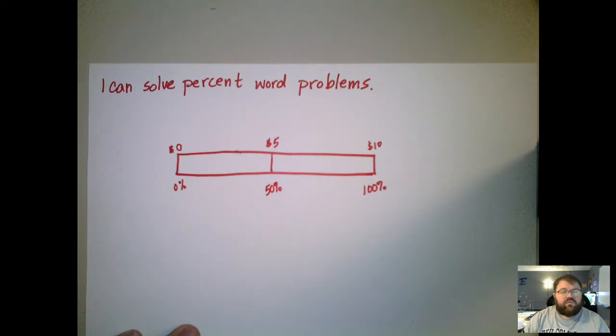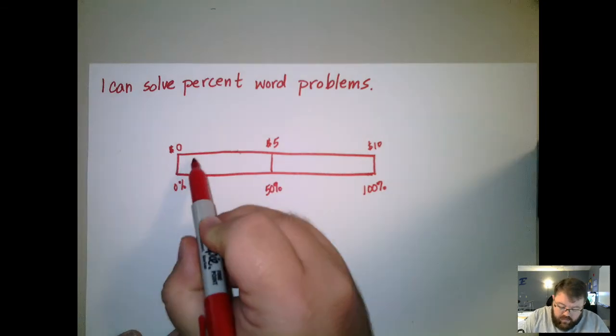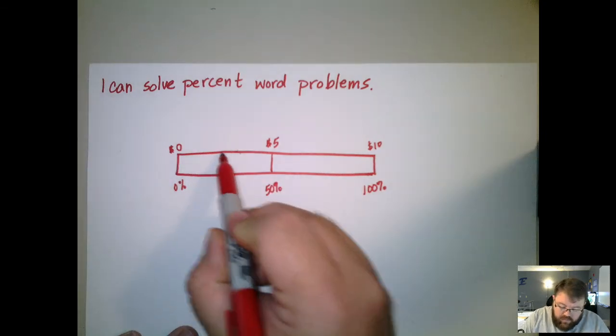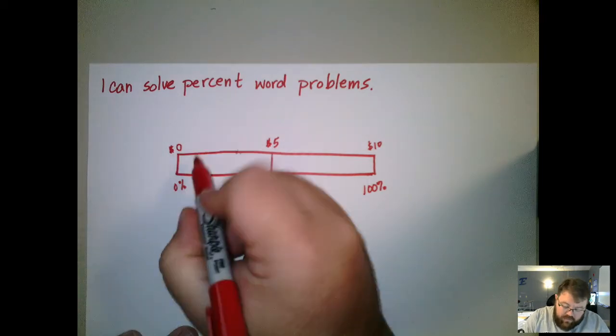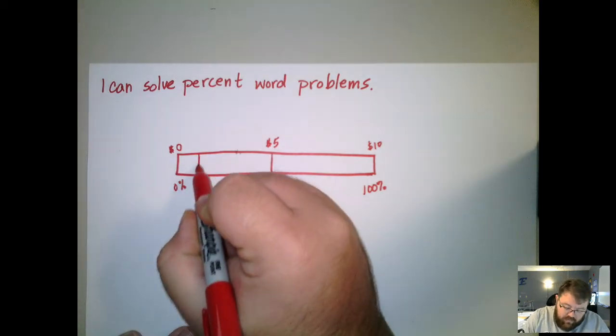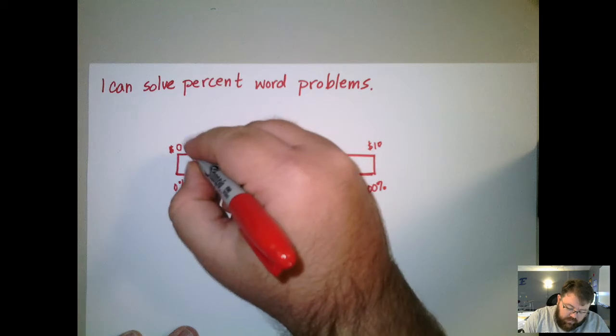Now we can go even further. We could break this up into segments. What if I said this is $1?